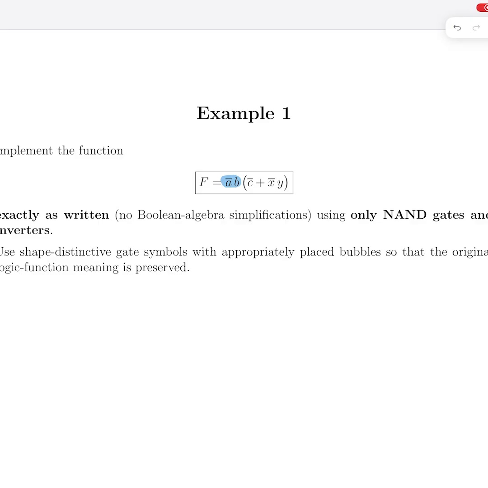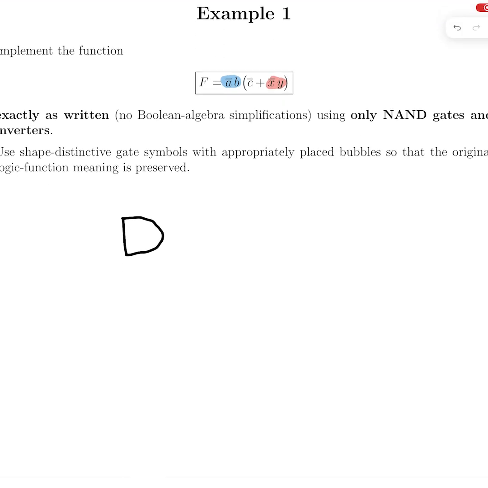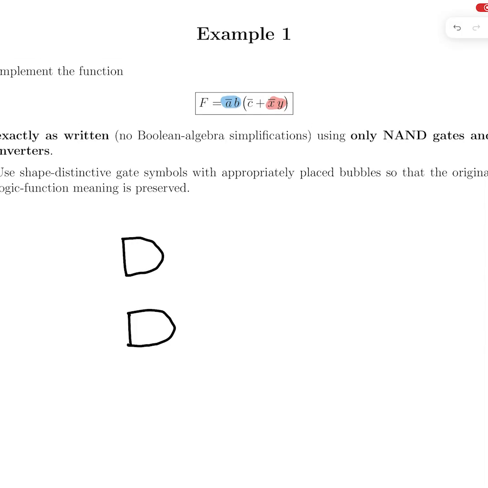These are product terms, so I can draw gates here. Here's an AND, and here's also an AND. I've got A bar coming in, and I've got B coming in. So in the output, I have A bar B, and that matches the blue term that I highlighted above.